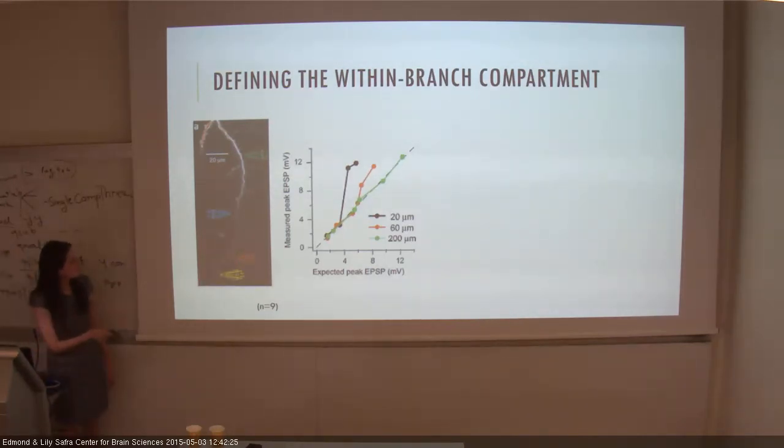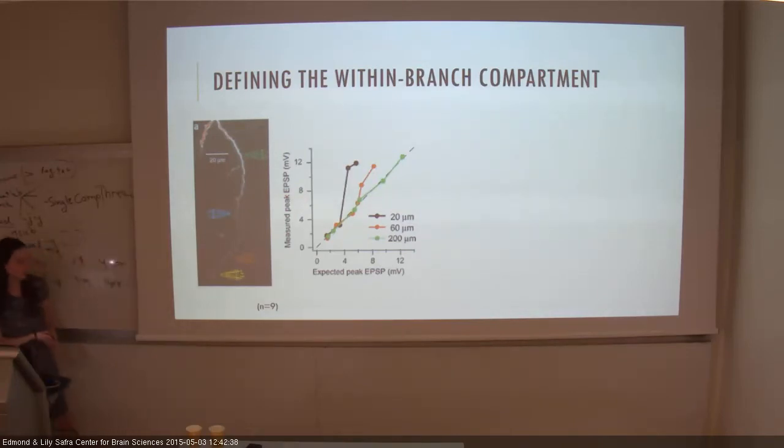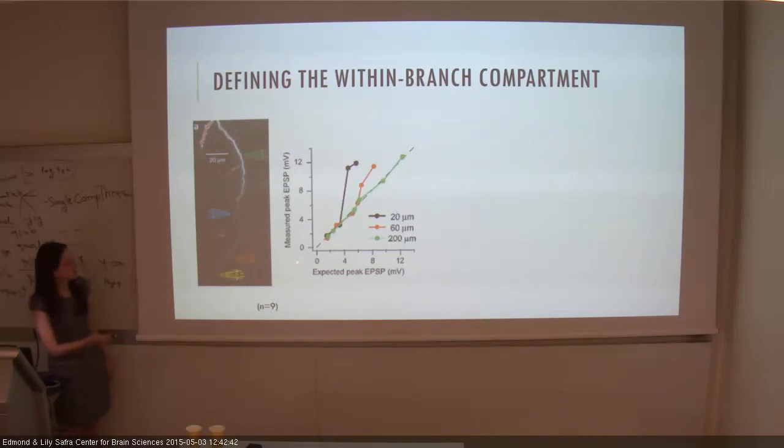What you can see here is the same axes as before: the expected peak, the linear summation you would expect, and what was actually measured. At 20 microns, when the distance is quite small, above a certain threshold you see this superlinearity, as was seen before.